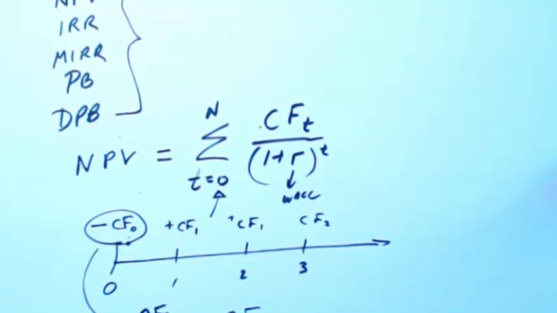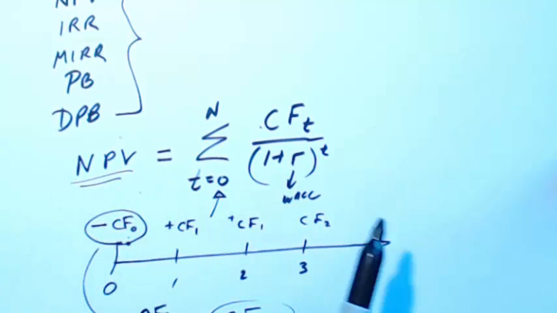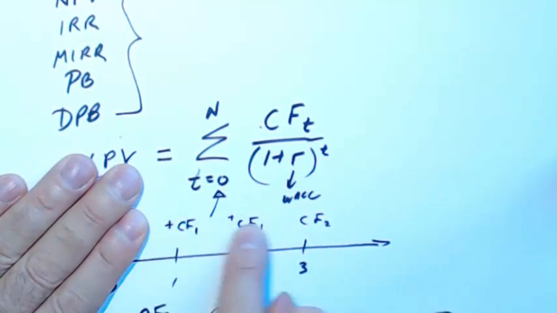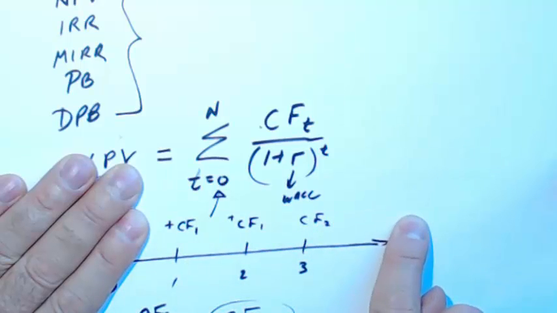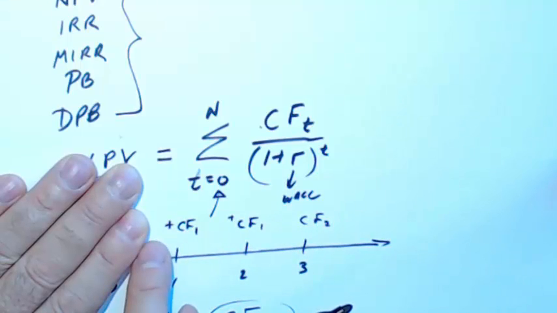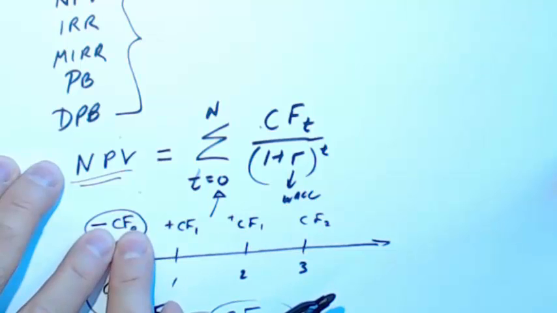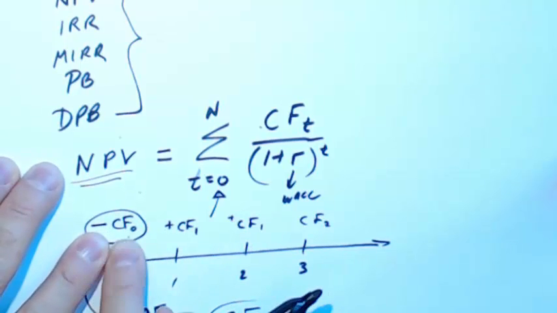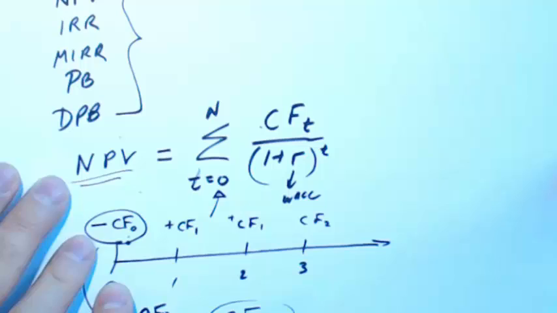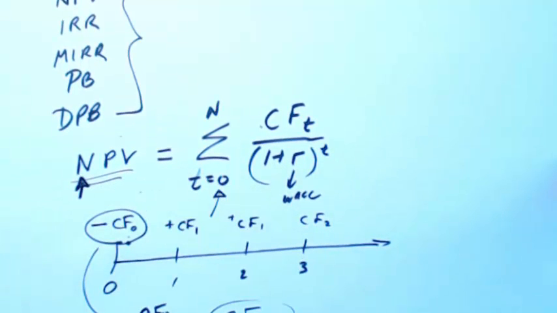This whole thing is 1, and so you get the cash flow. So net present value is taking the present value of the future cash flows, summing them up, and then netting it with the first cash flow today, the cash flow at time 0, and that's where the term net comes in.